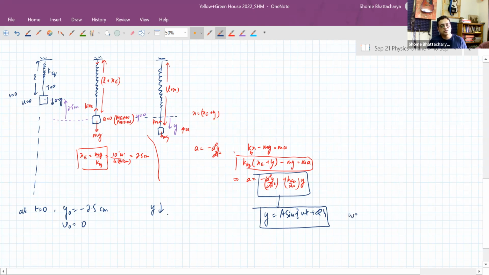And omega, which we had seen, was 20 radians per second. So from this information, I will come to know the phase constant.